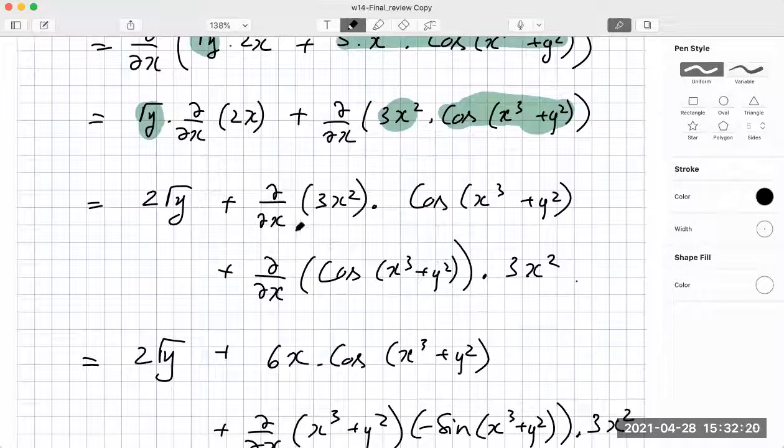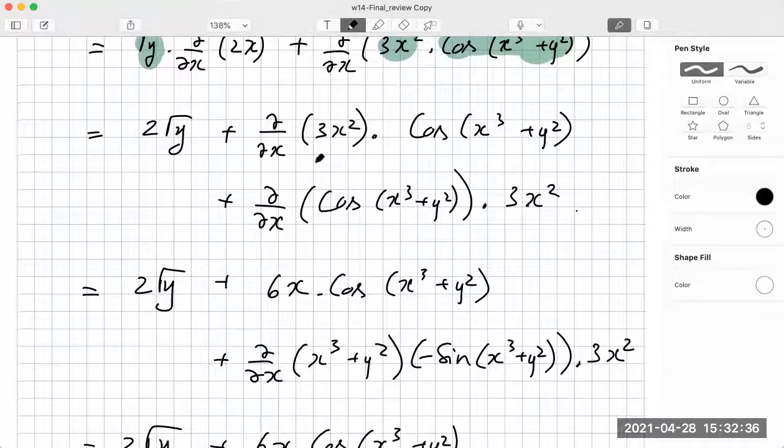The product rule tells us that it will be the derivative of the first term times the second term plus the derivative of the second term times the first term. Do it slowly. So d over dx of 3x squared gives us 6x here times cosine.